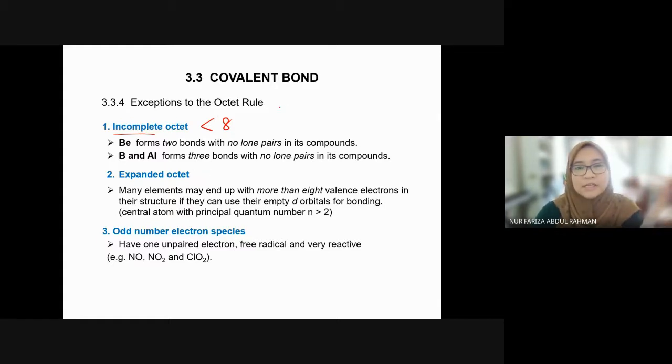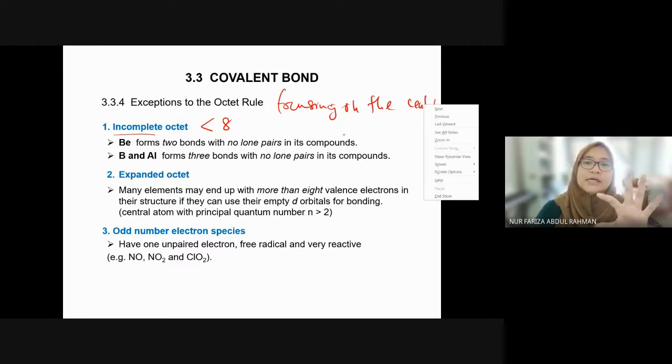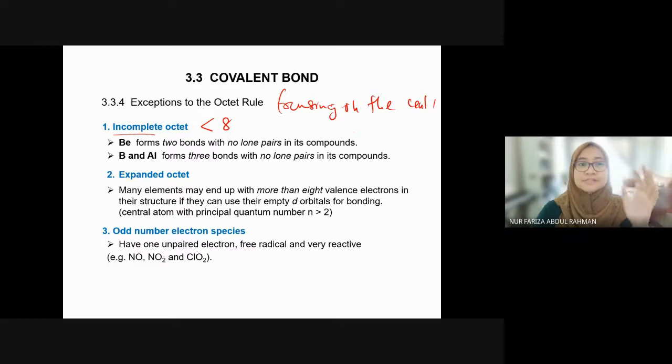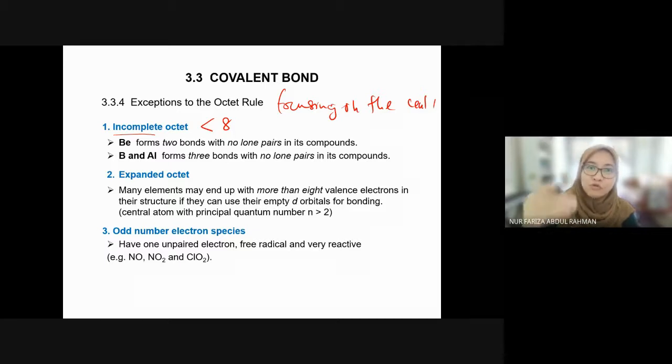Exception to the octet rule focuses on the central atom, not the terminal atom, because in our steps we octet the terminals first. Lastly, if there is remaining electrons, we distribute them to the central atom. Sometimes the central atom may have less than 8 electrons, sometimes more than 8 electrons. This is what we call expanded octet.